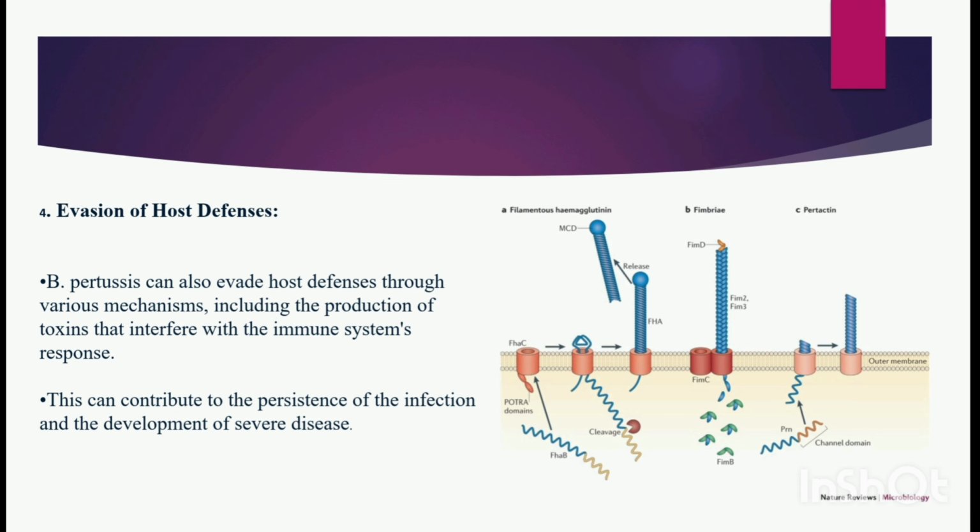Evasion of host defenses. Bordetella pertussis can evade host defense through various mechanisms, including the production of toxins that interfere with the immune system's response. This can contribute to the persistence of the infection and the development of severe disease.